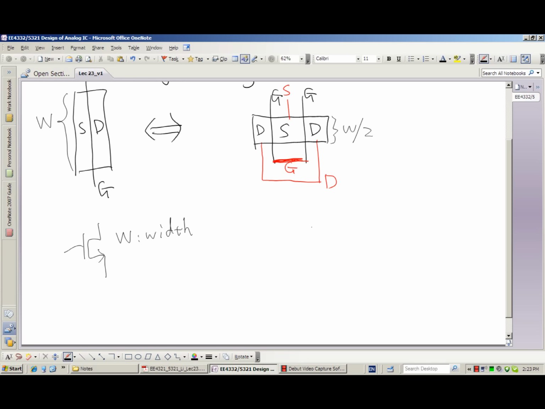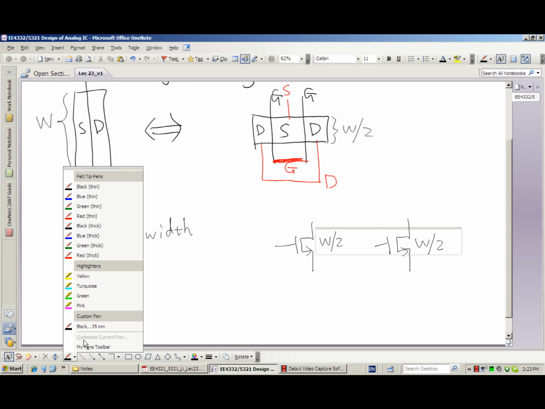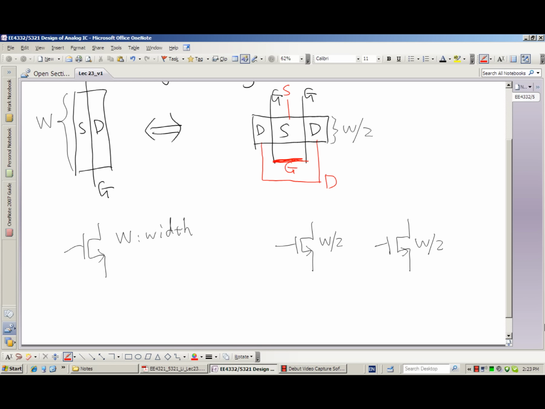Now we are dividing the transistor into two. Each transistor has a width of W over 2. We put the two transistors in parallel so that they are equivalent to a single transistor with a width of W. So to put them in parallel, this is my source and this is my drain, and here we have the gate.